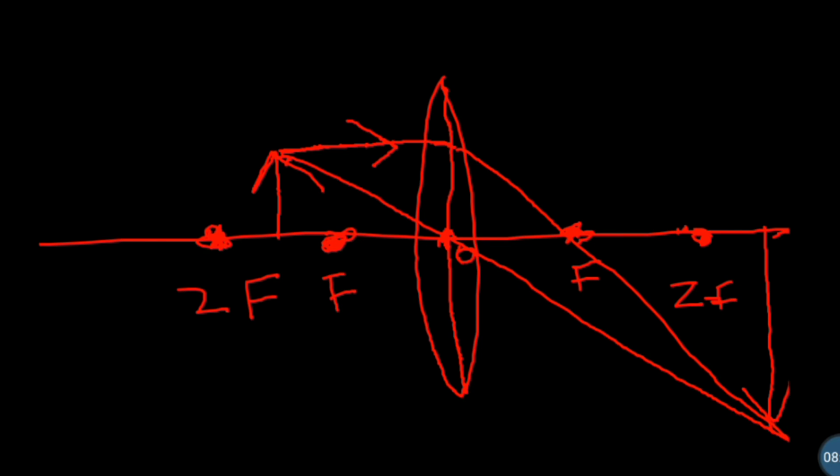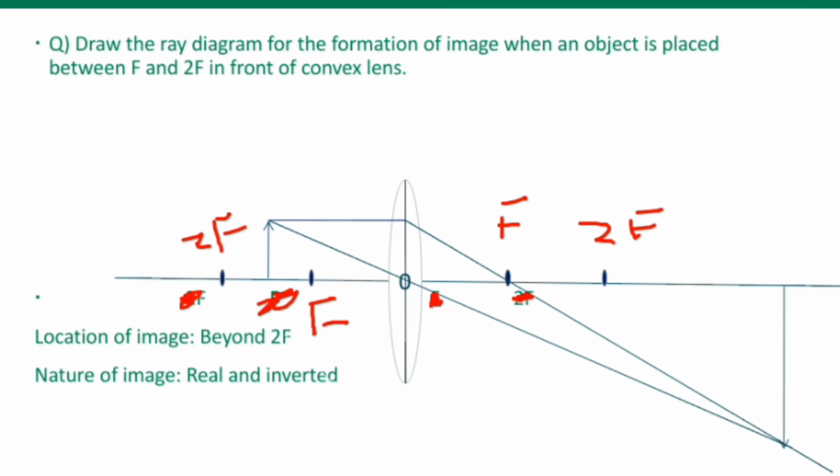The position of the image is beyond 2F, and since the image is inverted, the nature of the image is real and inverted.